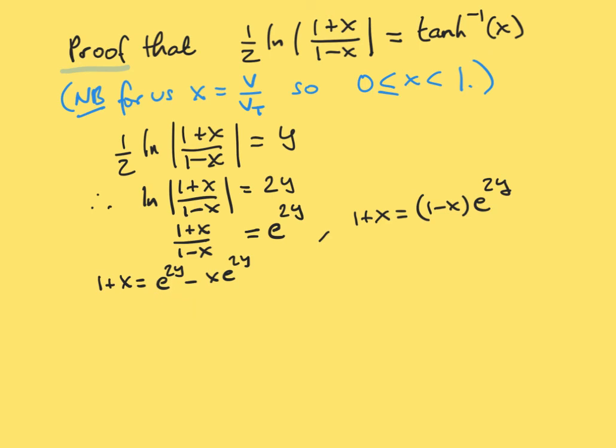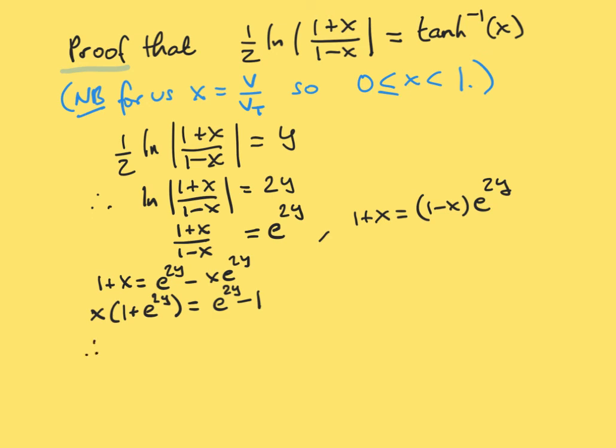So on the left-hand side, we are going to have x times 1, that's this term here. And then when we bring this term over to this side, it will become positive. We're adding it to both sides. So this is plus x e to the 2y. I've taken the x out already, so it's just e to the 2y. And on the other side, we have e to the 2y minus 1.